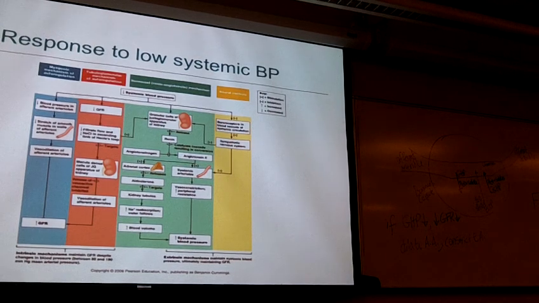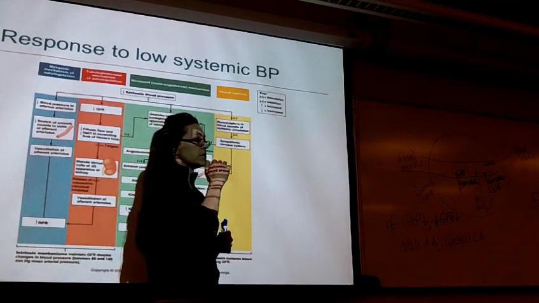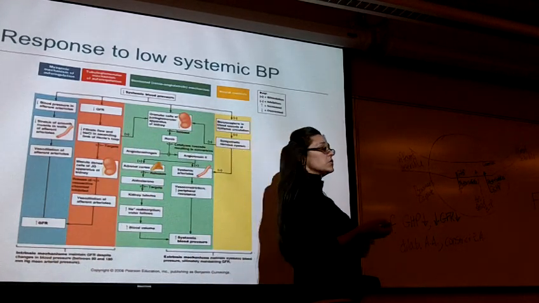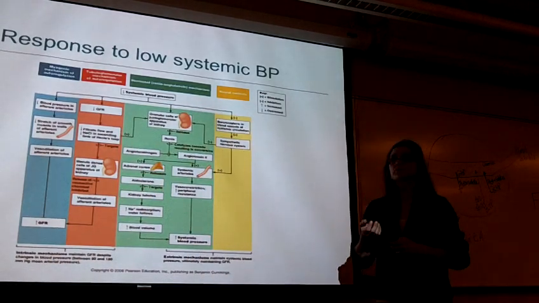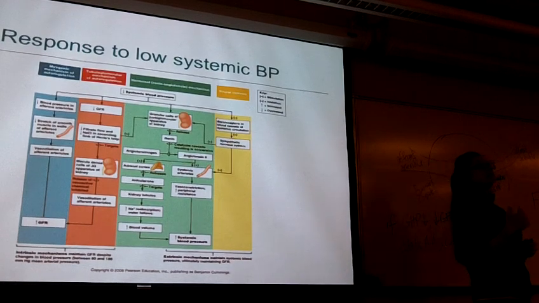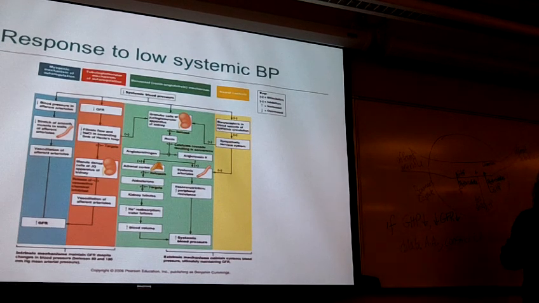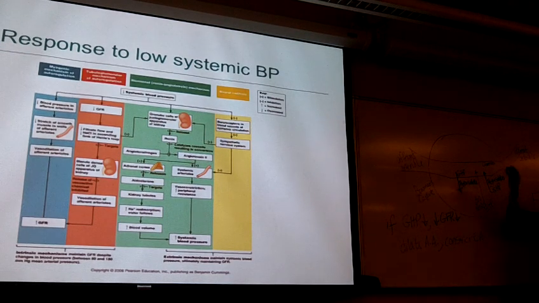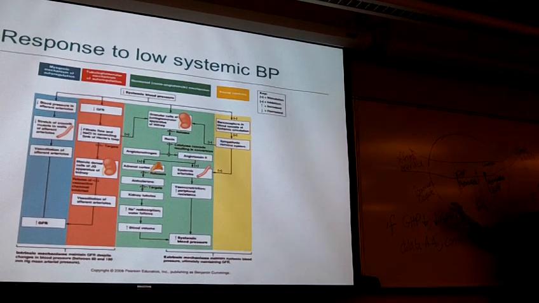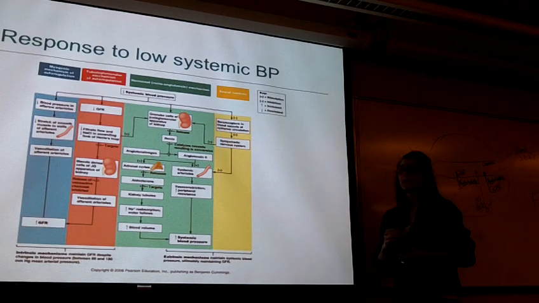Sympathetic. And if our heart rate is increasing, our stroke volume is increasing, our larger peripheral vessels are vasoconstricting, what does that do to our blood pressure systemically? Increase. And if our blood pressure systemically is increasing, then our glomerular hydrostatic pressure will increase, our filtration rate will increase, and we'll get back into homeostatic range.